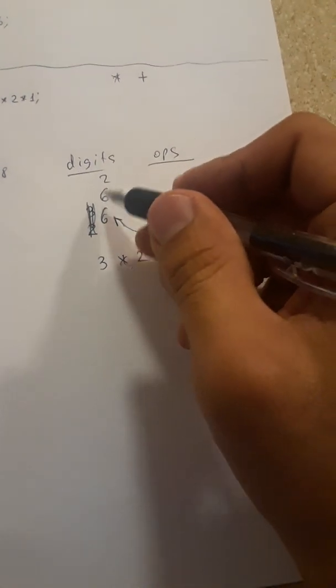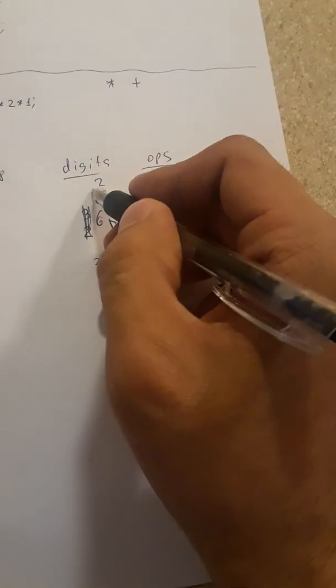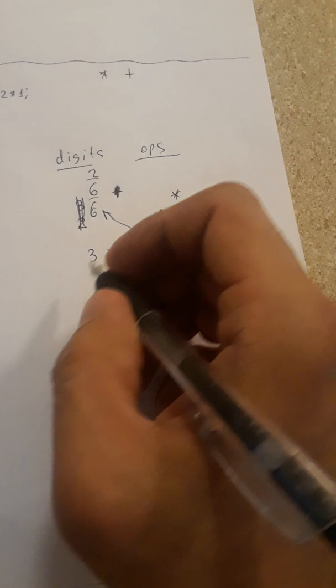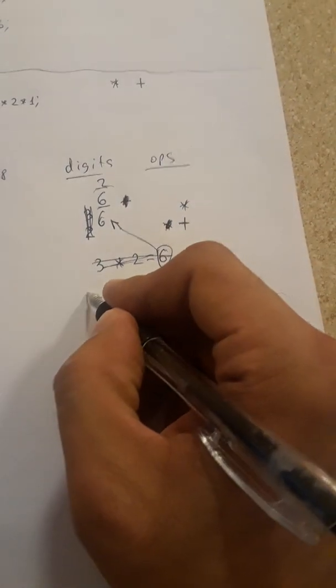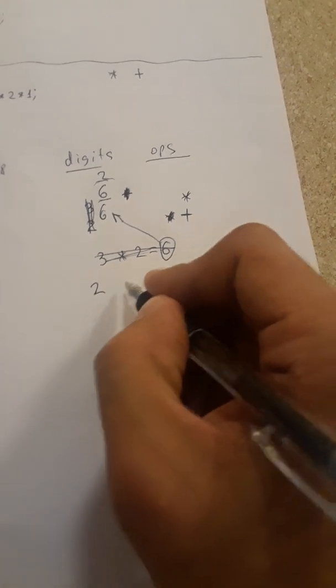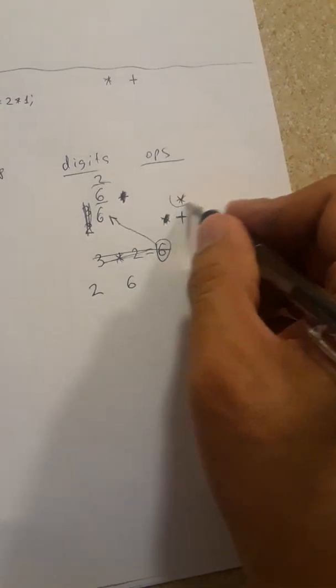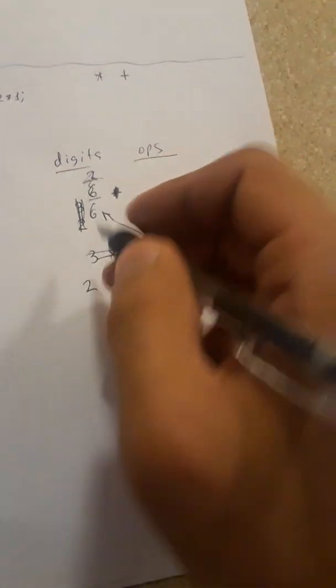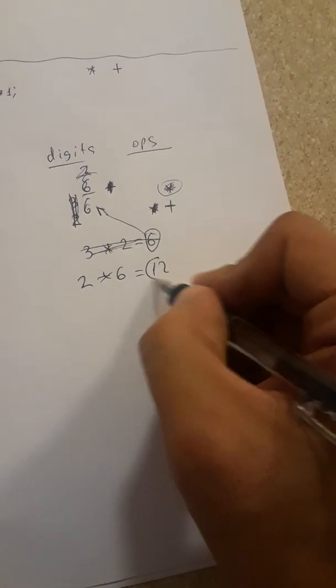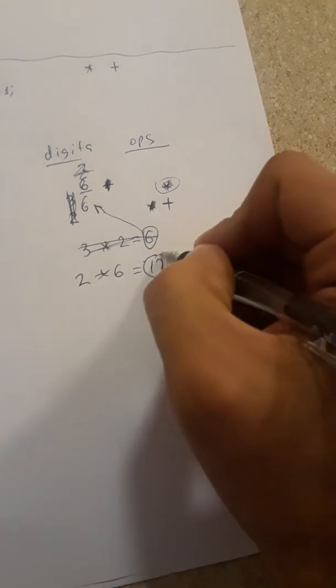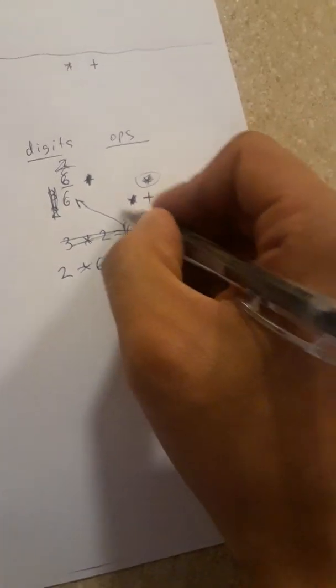evaluate all the given digits and operators, popping always two numbers from the digits, like 2 and 6, and one operator, and the output result will always be pushed back to the stack.